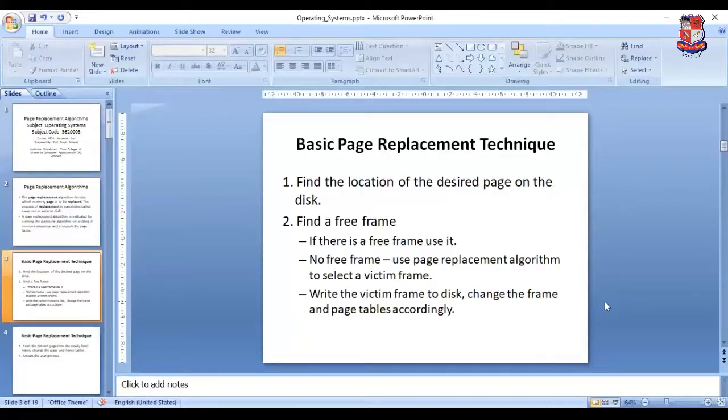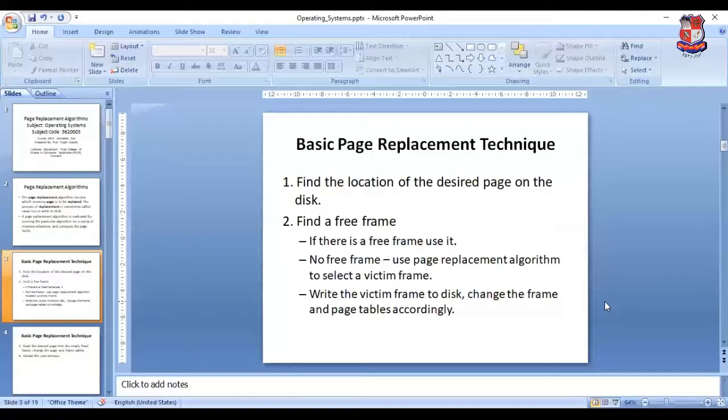First, we discuss the replacement technique. How is replacement done? The first step is to find the location of the desired page on the disk. Okay, first we find the location. Then find a free frame. We check whether the frame is free or not. If it is free, then use that frame. If it is not free, then we use a replacement algorithm to select a victim frame.